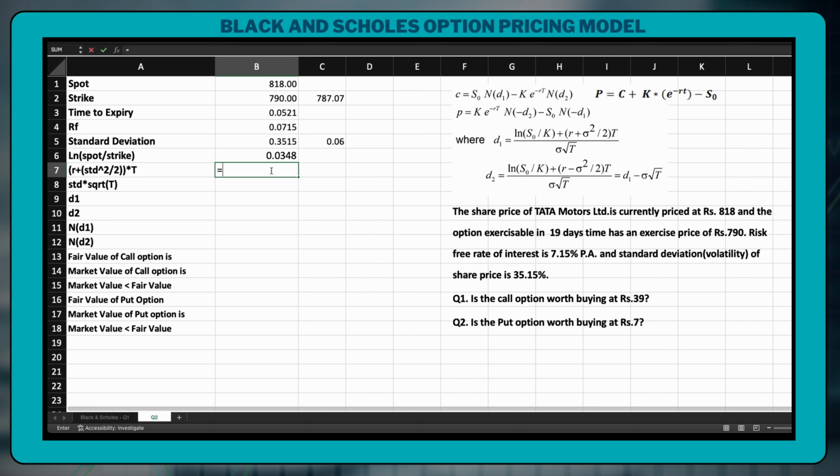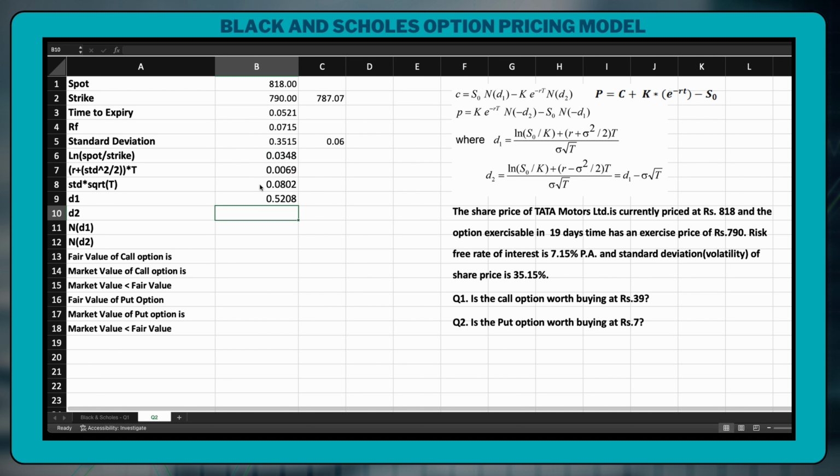Then we need to compute R plus standard deviation square by 2, into T. Since we already have the standard deviation square by 2, plugging in the values becomes easy. So we get 0.0069. Then let us compute standard deviation into square root of T, which is 0.0802. Now, let us use all these 3 values to compute D1, which is 0.5208.